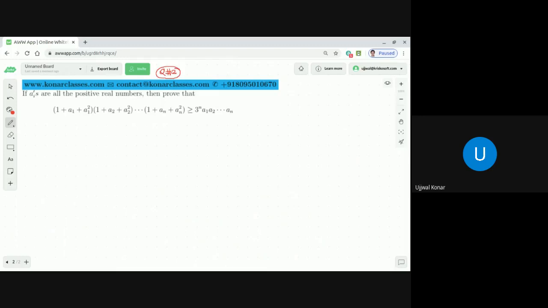If AIs are all positive real numbers, then prove that (1 + a1 + a1²)(1 + a2 + a2²)...(1 + an + an²) is greater than or equal to 3ⁿ a1 a2 ... an. Interesting question.